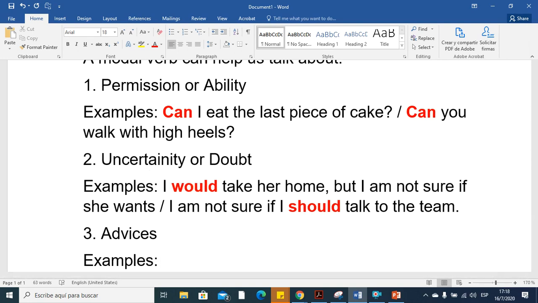We can say, for example, you should not eat fast food. Fast food, comida chatarra. No deberías comer comida chatarra. That's basically advice that you're giving to someone.